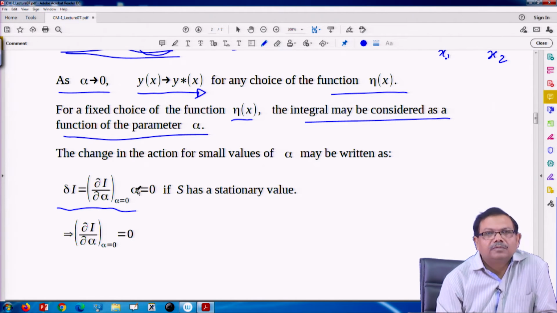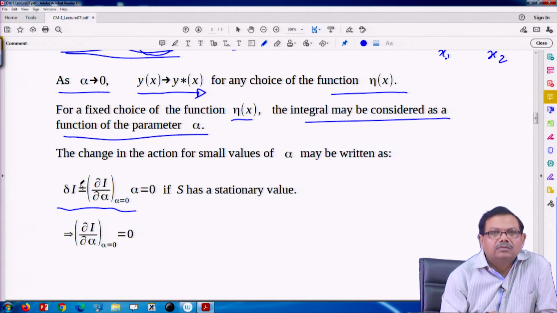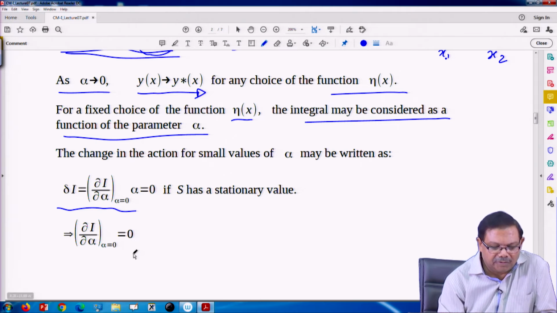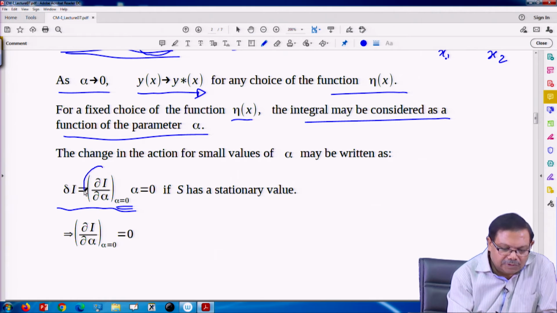So, some kind of Taylor expansion. The first term is at alpha equal to 0, so there is nothing there. So, the change in the integral would be the derivative of I with respect to alpha computed at alpha equal to 0 times alpha. So, this part.